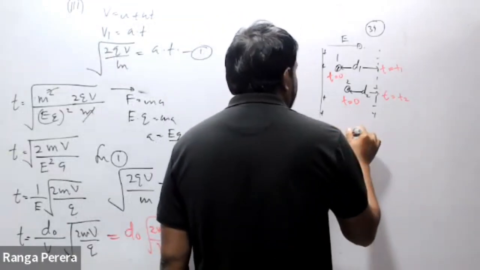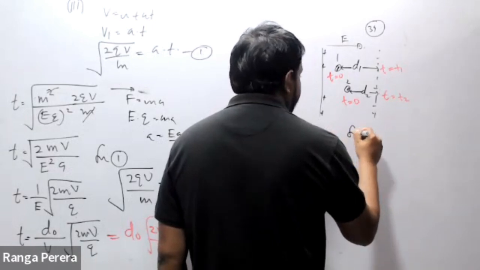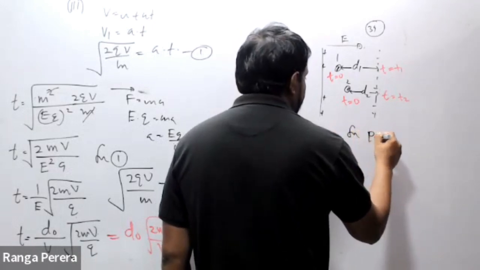We can apply s equals ut plus half at squared for particle number 1.